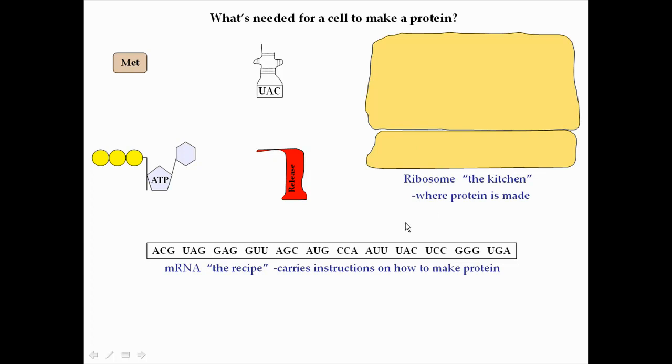One thing to mention about ribosomes is that if you consider each individual ribosome, it's actually made up of two parts. It's made up of a big part and a small part. In other words, it's made up of a large subunit and a small subunit.